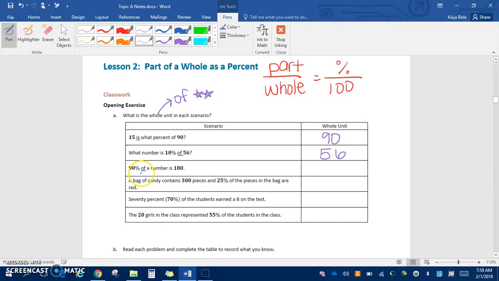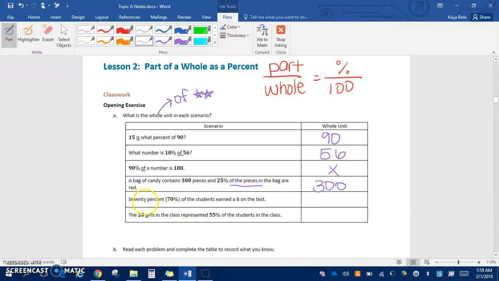The third one, 90% of a number is 180. So it just says of a number, so that means we don't know what that is, so we're just going to give that a variable like x. The next one says a bag of candy contains 300 pieces and 25% of the pieces in the bag are red. So it says of the pieces here, and we know that there's 300 of those, so that is our whole unit.